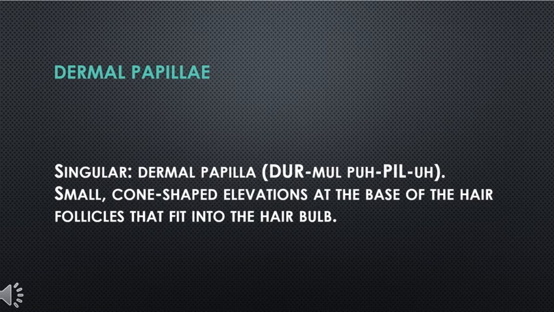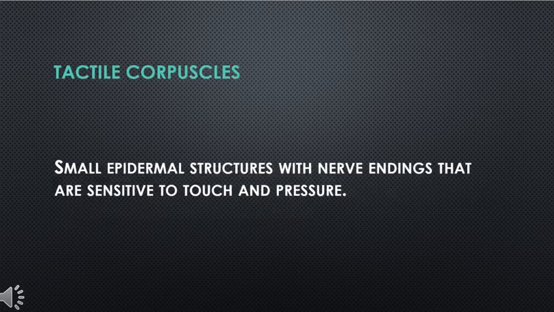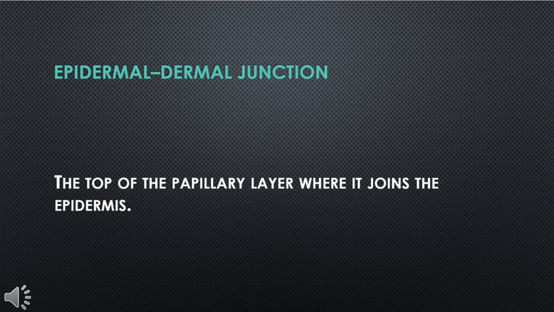Small, cone-shaped elevations at the base of the hair follicles that fit into the hair bulb. Tactile corpuscles. Small epidermal structures with nerve endings that are sensitive to touch and pressure. Epidermal-dermal junction. The top of the papillary layer where it joins the epidermis.